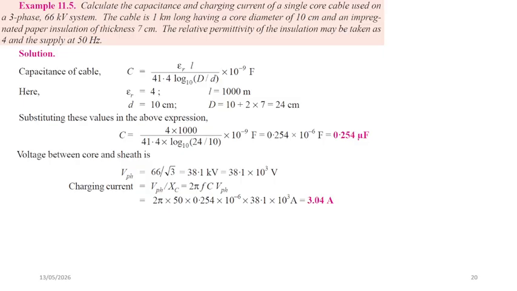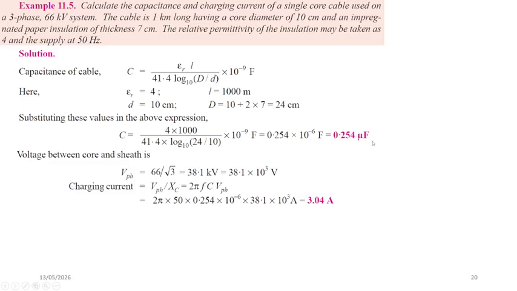The cable is 1 kilometer long with a core diameter of 10 centimeter and insulation thickness of 7 centimeter, using the relative permittivity of 4 and the standard cable capacitance formula. The capacitance can be calculated as 0.254 microfarad.